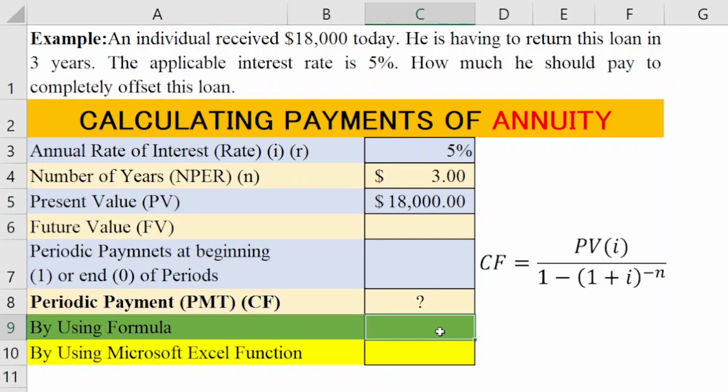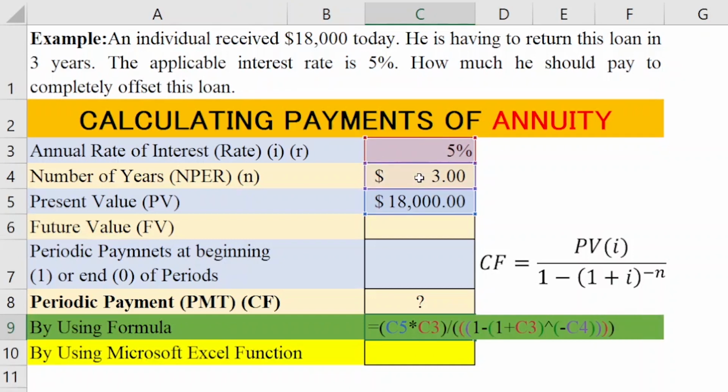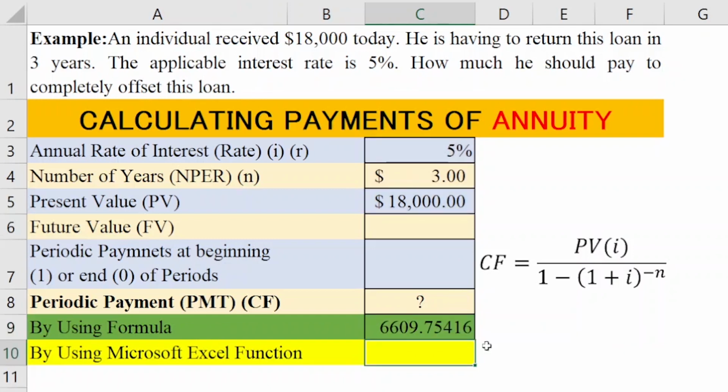So by using the formula equal to (present value times interest rate) divided by (1 minus (1 plus interest rate) raised to power minus n) and pressing enter, the answer is computed, 6,609 is required if you want to fully return this loan.